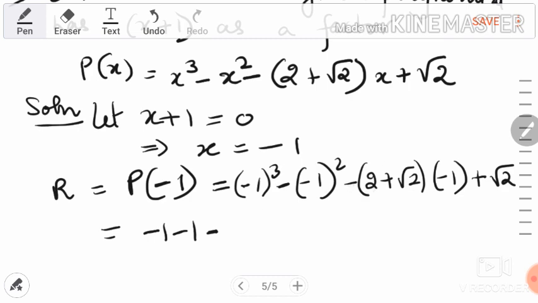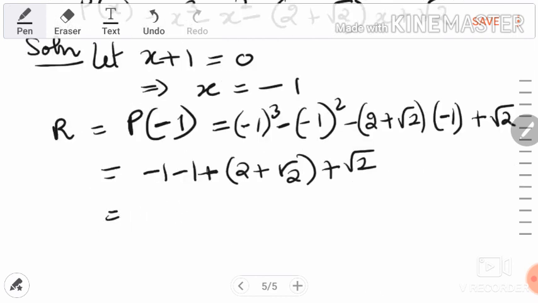Now what we will do is, instead of opening the bracket, instead of multiplying every term of the bracket with minus 1, we will multiply this minus 1 with the minus sign before the bracket. It is as good as multiplying minus 1 with minus 1. So you get plus 2 plus root 2 in the bracket plus root 2.